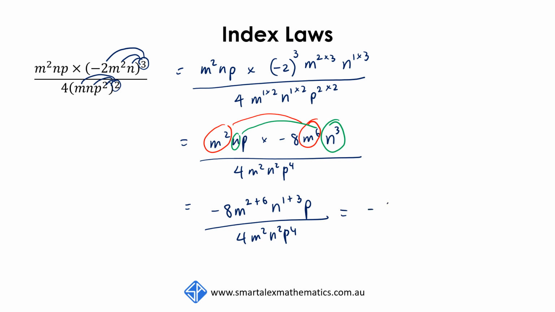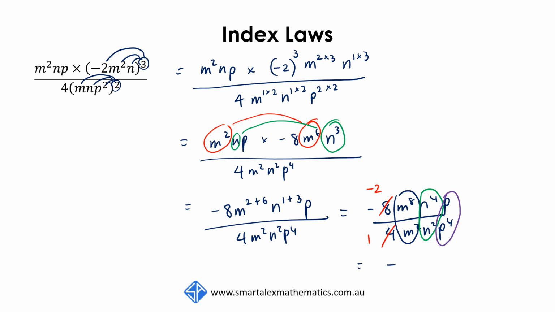This will give us negative 8 m to the 8 n to the 4 p over 4m squared n squared p to the power of 4. And then simplify. Negative 8 and 4 reduces to negative 2 over 1. Then we pair it. M to the 8 over m squared, n to the 4 divided by n squared, and the last one, p divided by p to the 4.